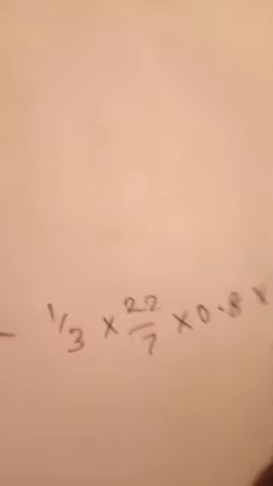We minus the volume of the smaller cone, which is a third times pi, 22/7, times the radius of the smaller cone, 0.8, squared, times the height, which is 2.4. You can close the brackets.